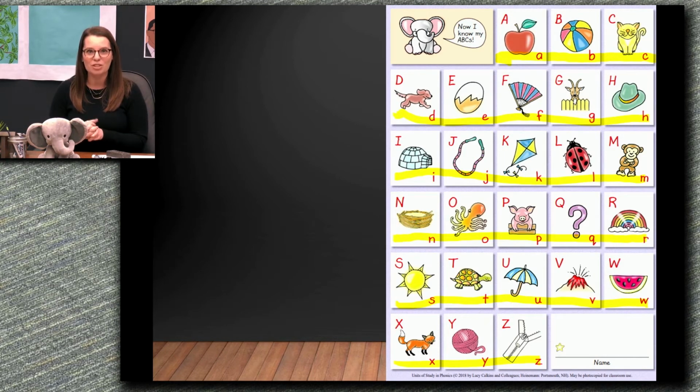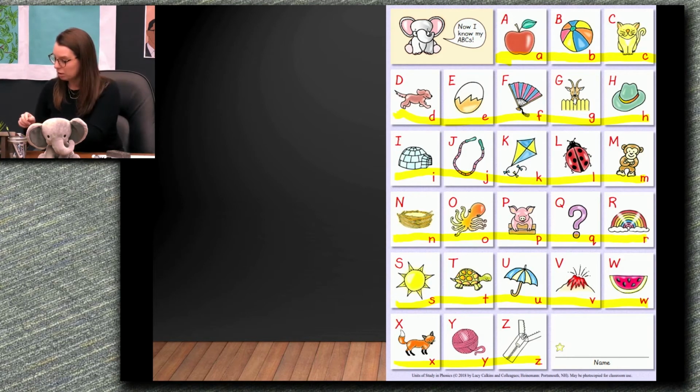A lot of you were able to jump in and figure that out with me. So you'll remember the pattern goes picture, beginning sound, letter. That helps you when you go into your independent reading and you see these letters. You can come back to this chart and say, now I see the K, and then you'll find the K on your chart right here.